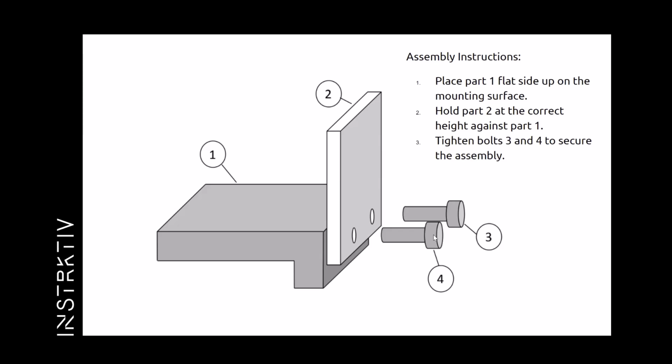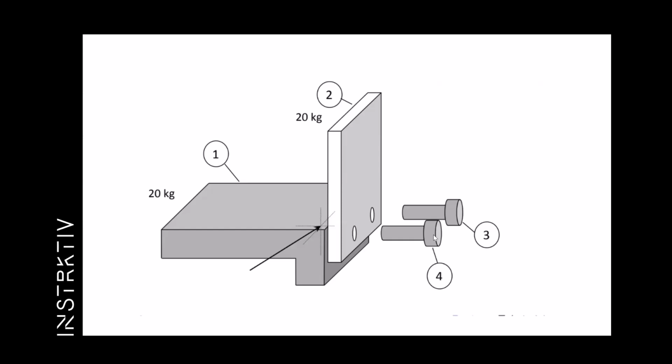But when we change one thing, and that's the weight of the parts, so now they are 20 kilograms, the instructions will look slightly different, and that's because the risks involved have changed quite a bit.